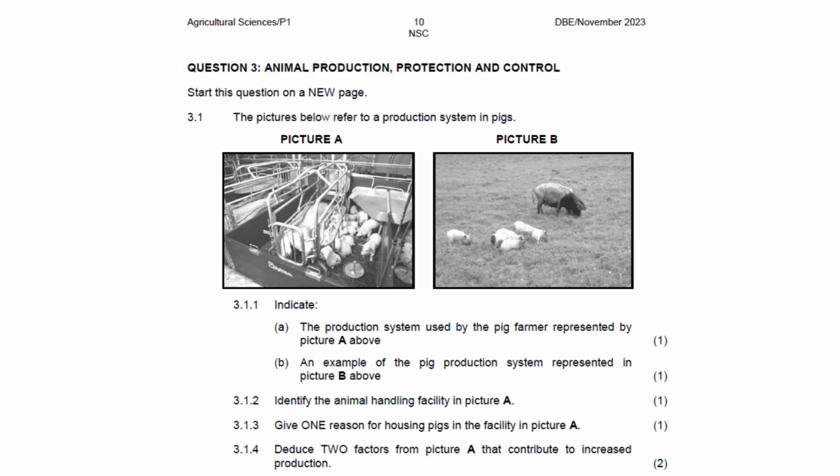Fine. Then we move on to the second one. Deduce two factors from picture A that contribute to increased production. So again, you look at picture A. If you notice here, most of the questions come from the first diagram, right?